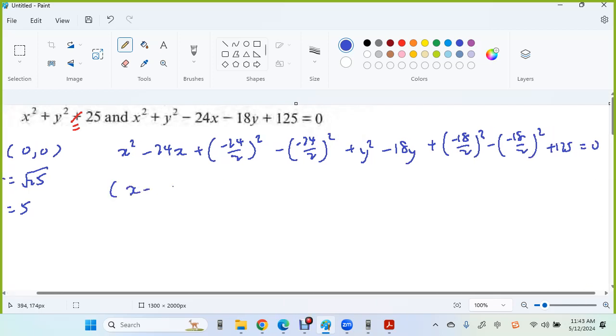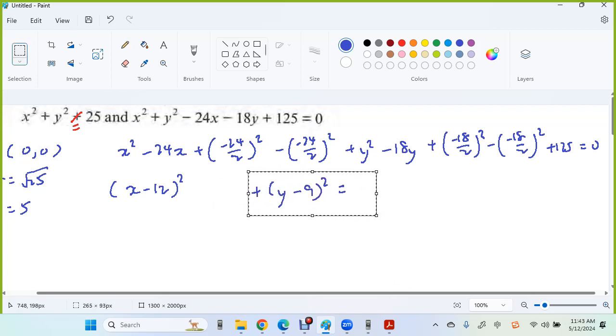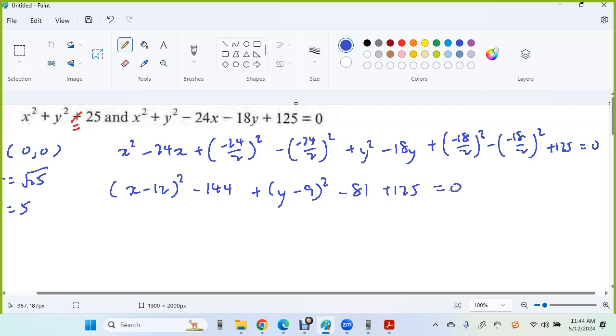So we have (x minus 12) squared, (y minus 9) squared, minus 144, minus 81 plus 125 equal to 0.